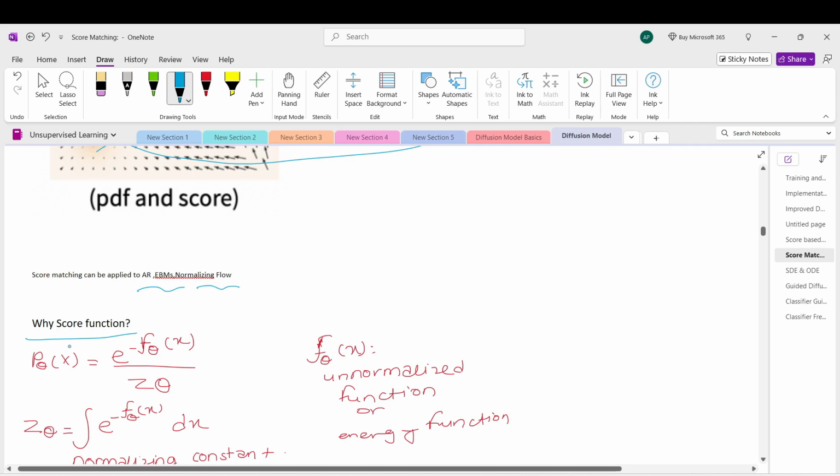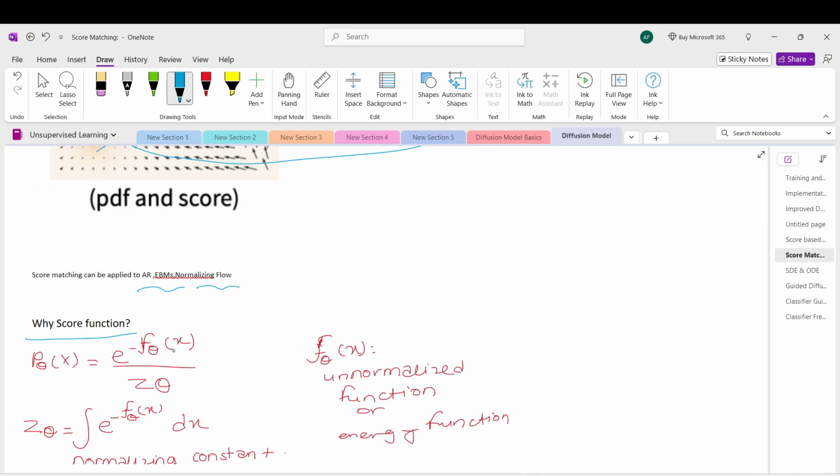As we know, the difficulty in the field of deep generative models is dealing with the normalizing constant. This normalizing constant normalizes the distribution to one.